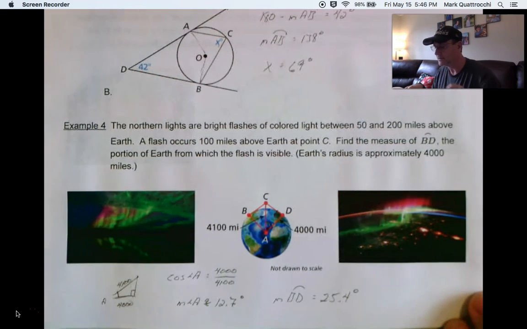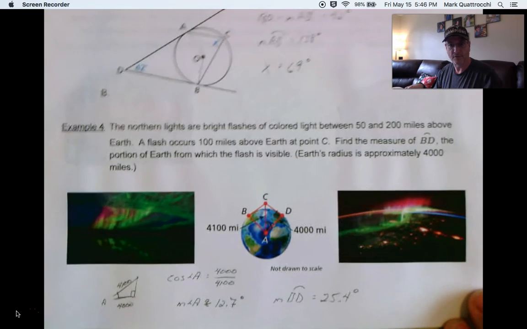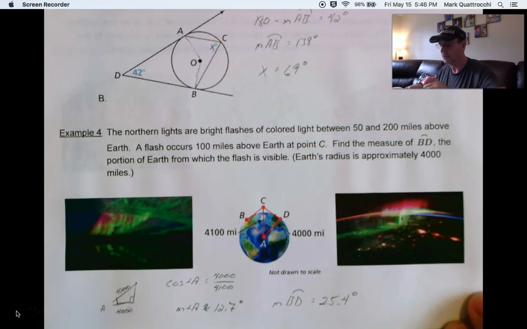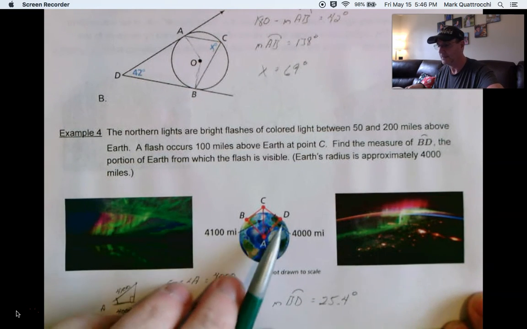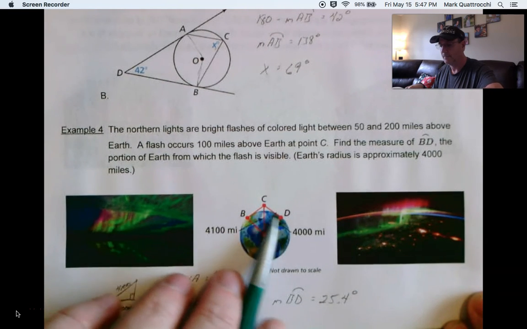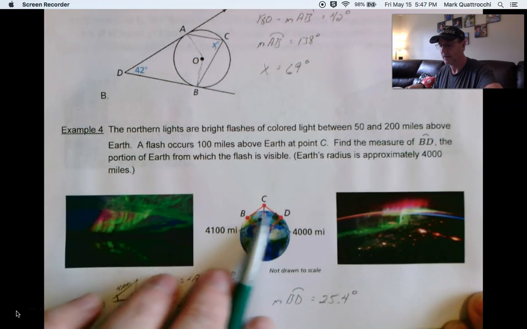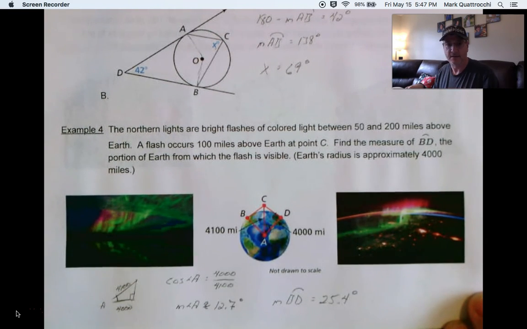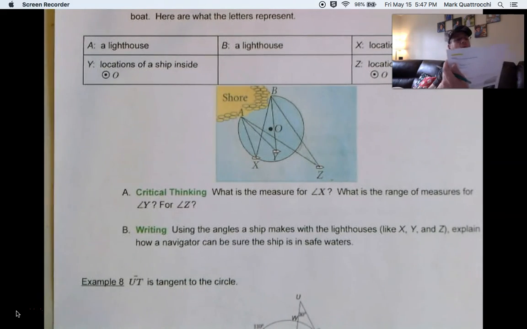And that's what the question's asking us for. 25.4 degrees, the measure of, so the line of latitude, well, 25.4 degrees from here is what we'll be able to see the northern lights. That's example 4. Example 5.